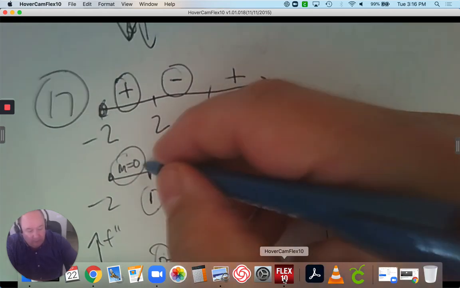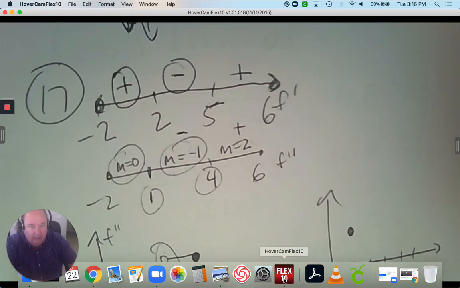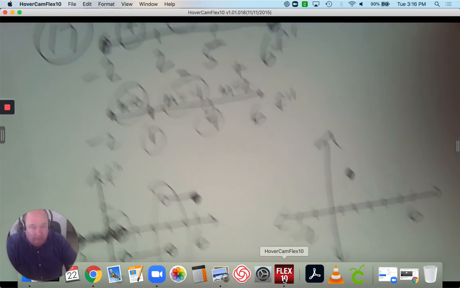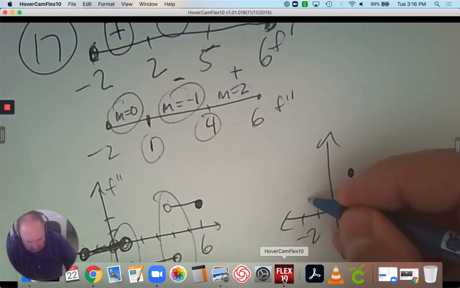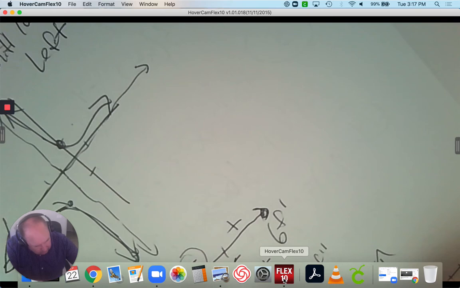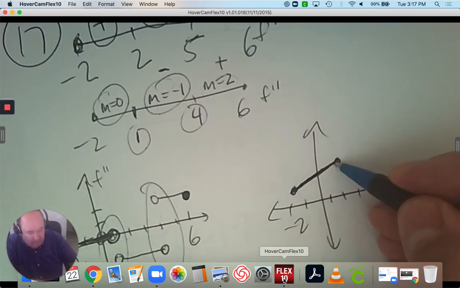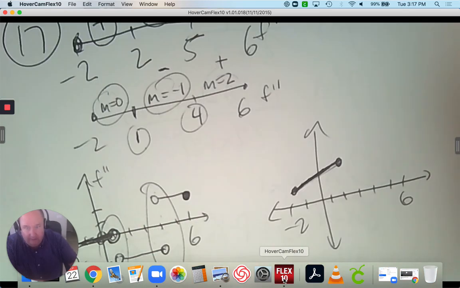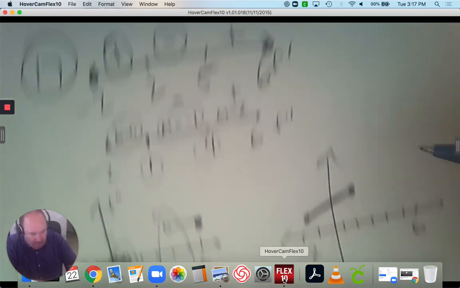So the first one is 0, and then it's negative, and then it's positive. It's for concavity. So the first part is just going to be a line because it has no concavity. So from -2 to 1, it's increasing with a line because there's no concavity. It's 0.